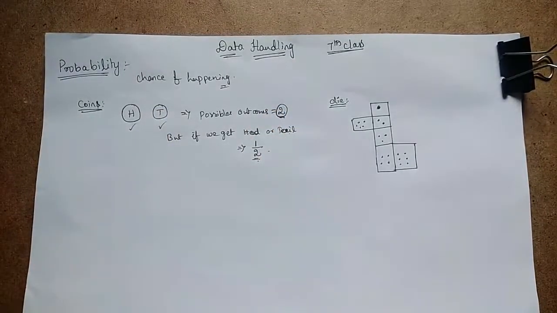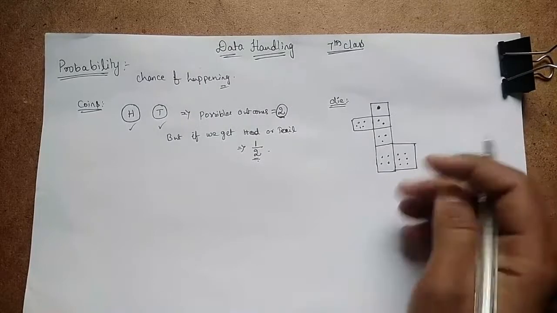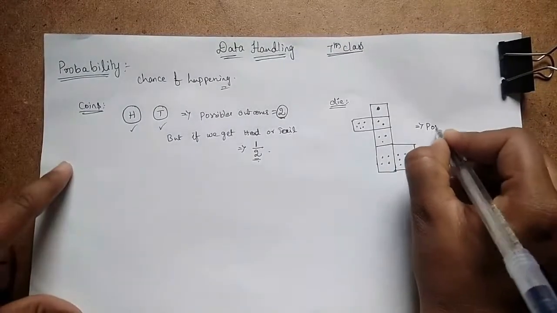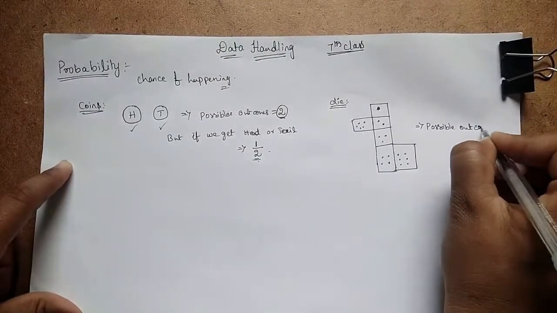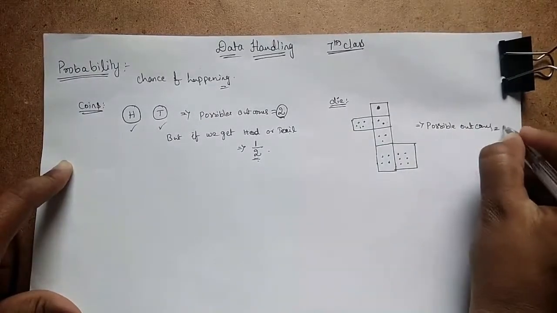This was the 6th. If you throw a die, the possible outcomes were 6, because we have 1, 2, 3, 4, 5, 6 faces.